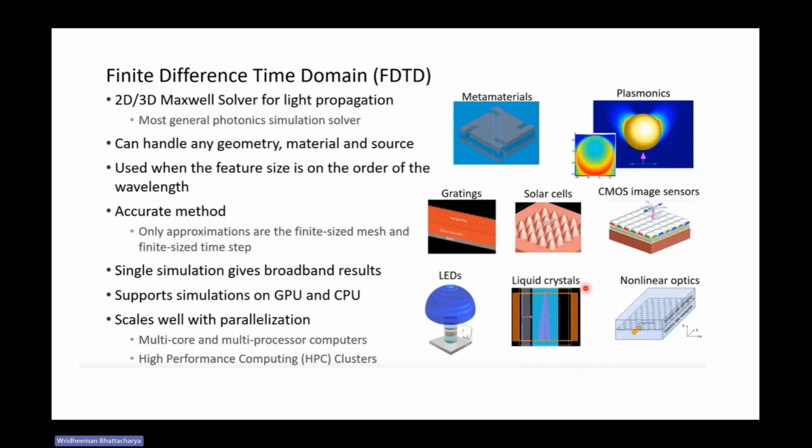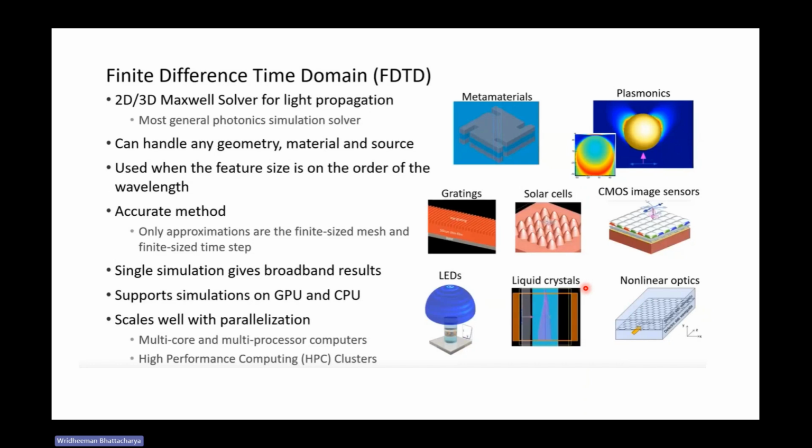So FDTD offers a wide range of applications such as the 2D, 3D Maxwell solver for light propagation. The 2D one is the 2.5D FDTD, and the 3D is the FDTD Maxwell solver for light propagation.